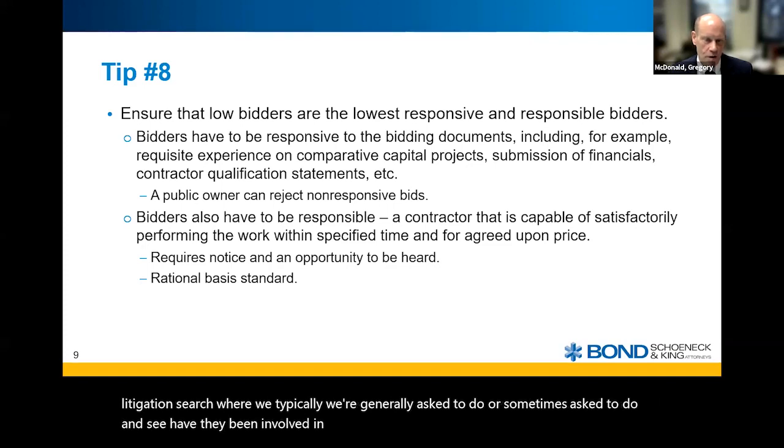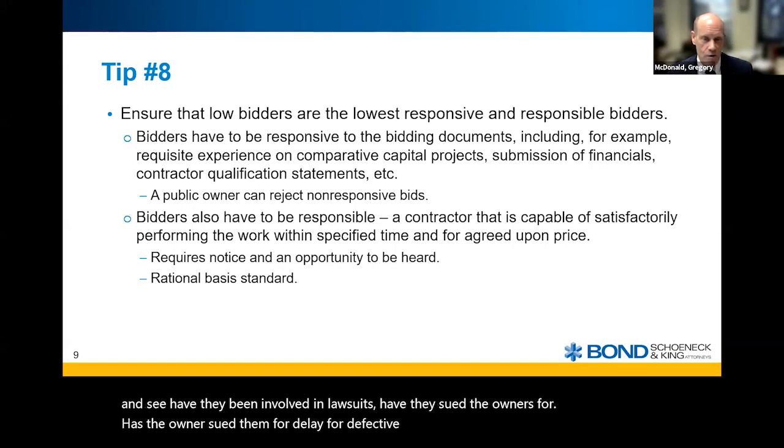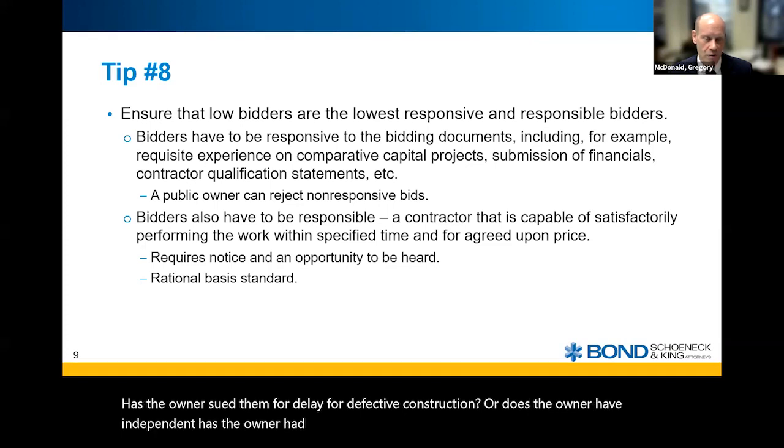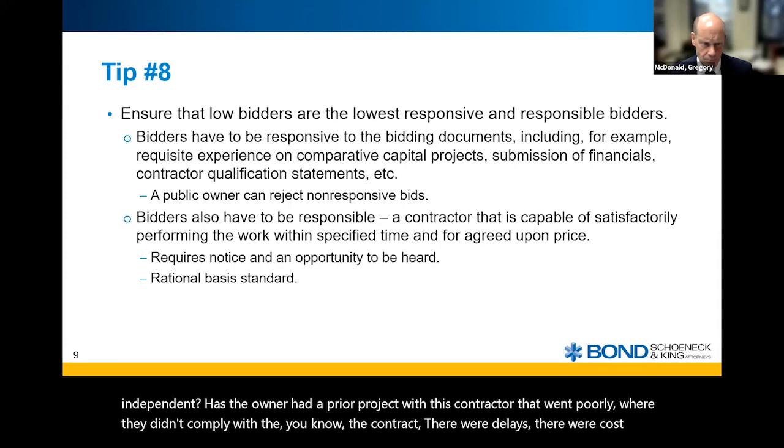Have they sued the owners, or has the owner sued them for delay, for defective construction? Or has the owner had a prior project with this contractor that went poorly, where they didn't comply with the contract? There were delays, there were cost overruns, those types of things.